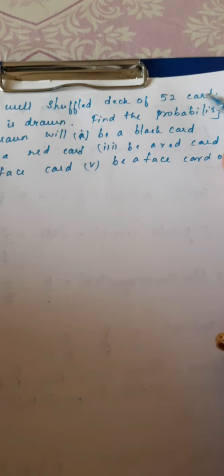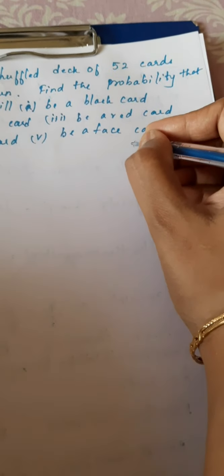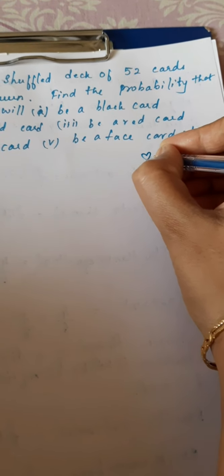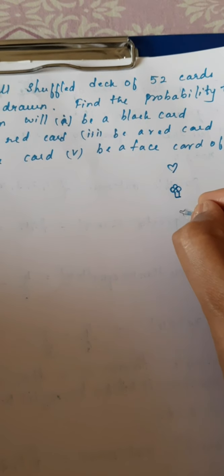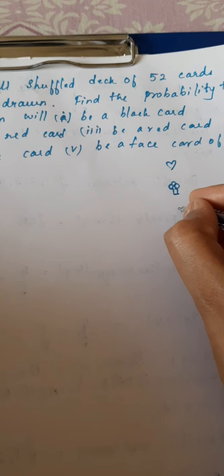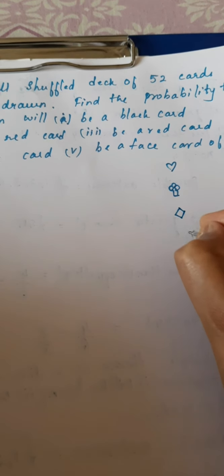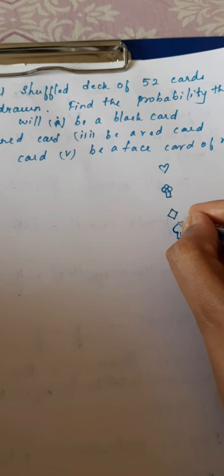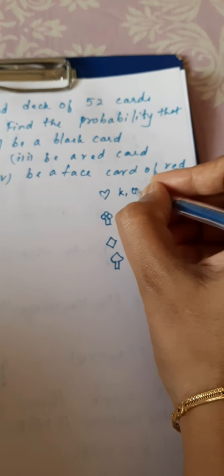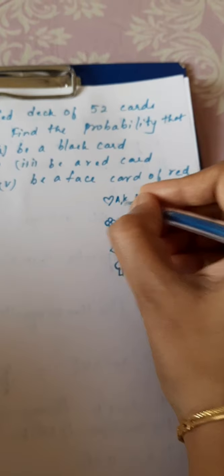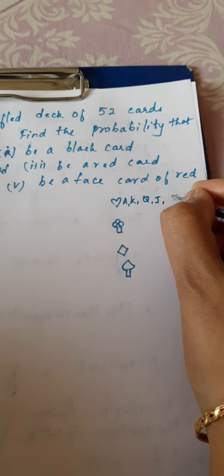So in the next question, from a well-shuffled deck of 52 cards, we need to find different probabilities. So we know the cards have four suits: clover or clubs, hearts, diamond, and spades. And each one has ace, king, queen, jack, and numbers from 2 to 10.